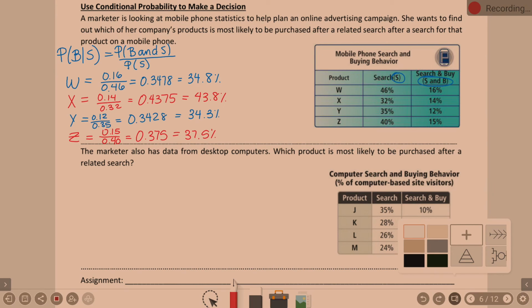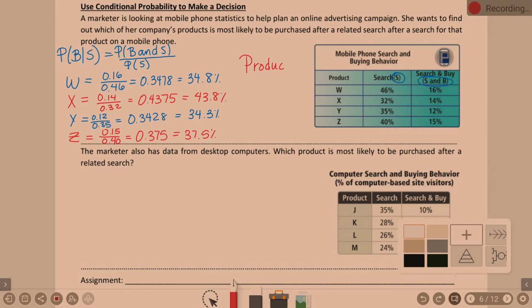Okay. So, I got my data up there. You guys got your data? The question was, which of the company's products is most likely to be purchased after a related search, and then search and buy? Product X. Product X has the highest probability.